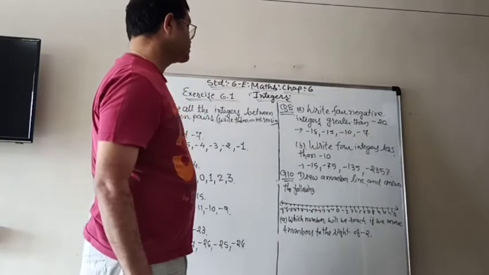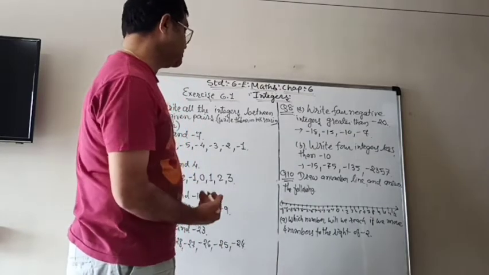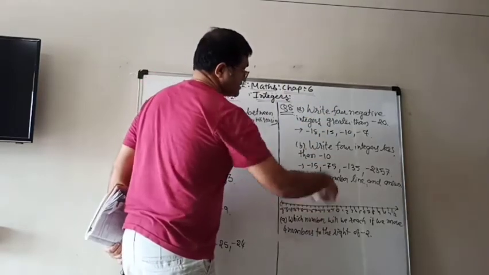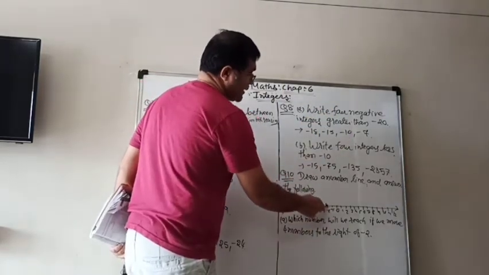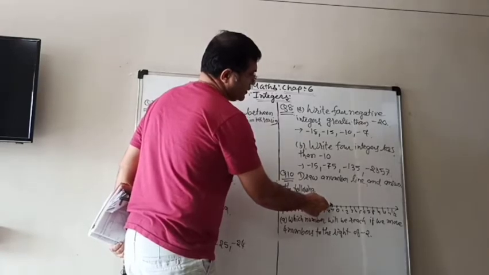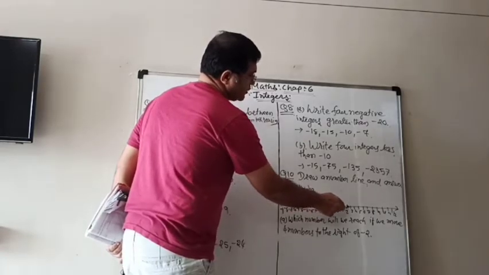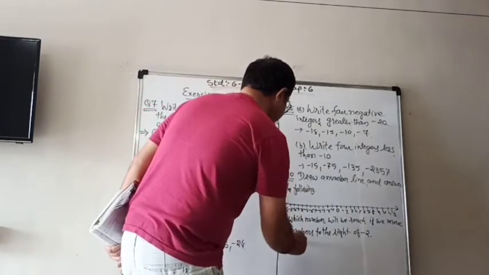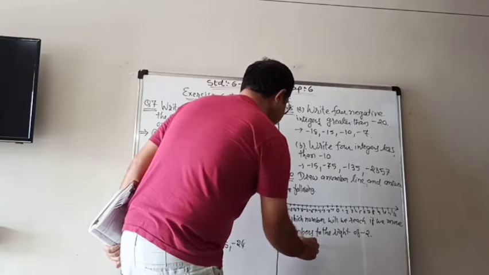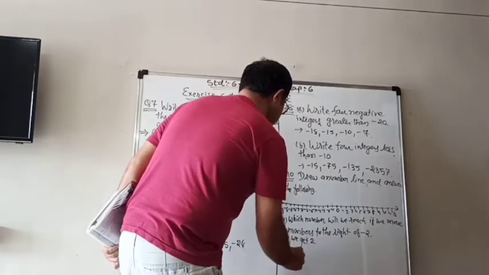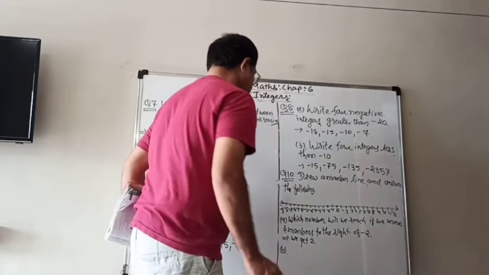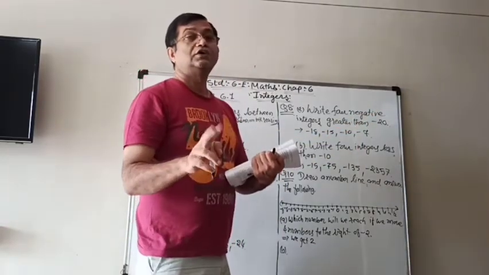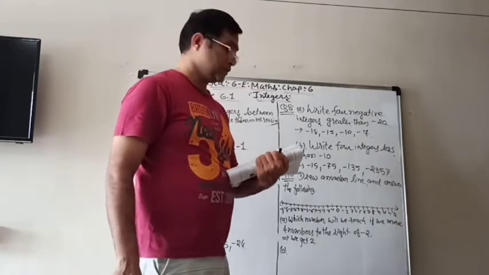And then on the right side, we have to move 4 numbers. What is the right side? That side. So from minus 2, if you move 4, 1, 2, 3 and 4, what do you get? Number 2. So your answer is, we get 2. We are doing one, and the other 2 you will do for the homework.